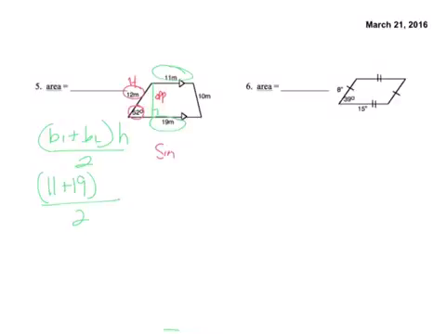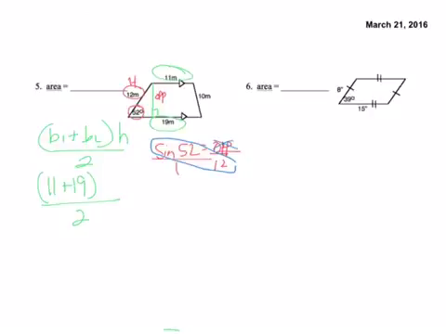So the sine of 52 equals opposite, I better put an opposite, over hypotenuse, which is 12. So to figure this one out, I like to cross multiply. So I'm going to take 12 times sine of 52 equals my opposite side.